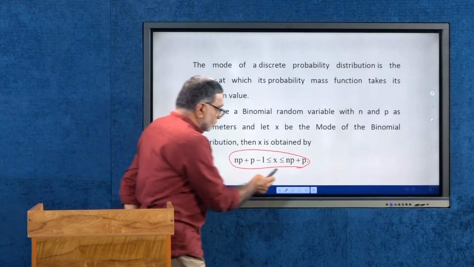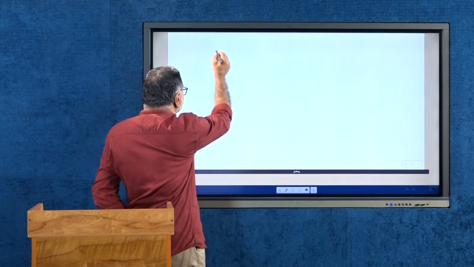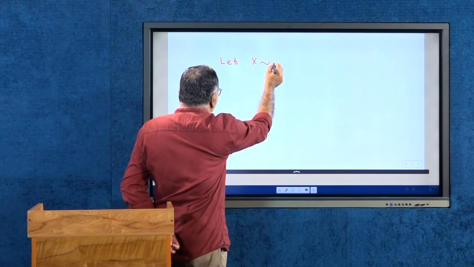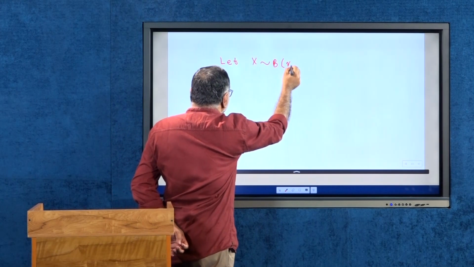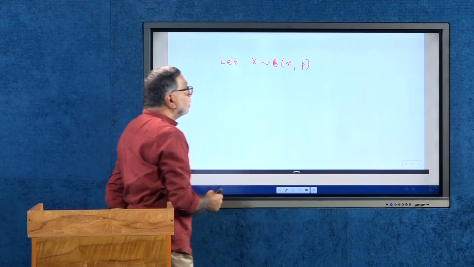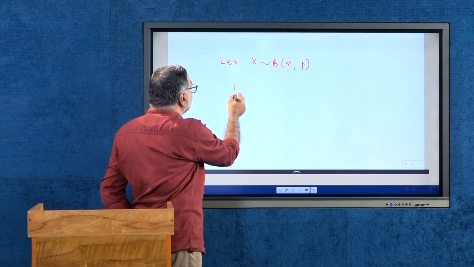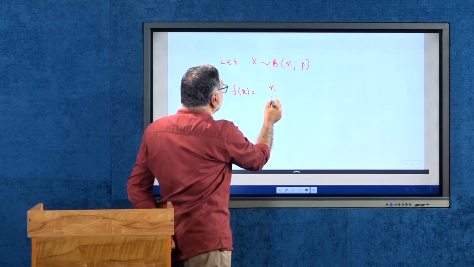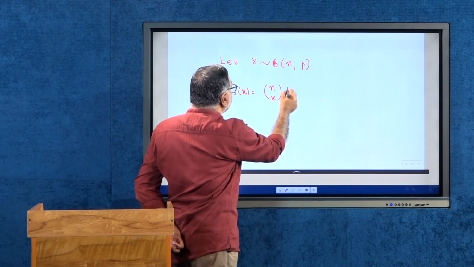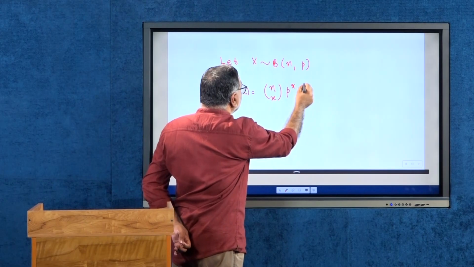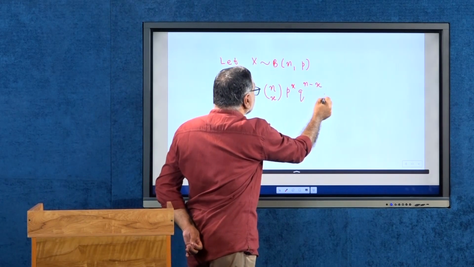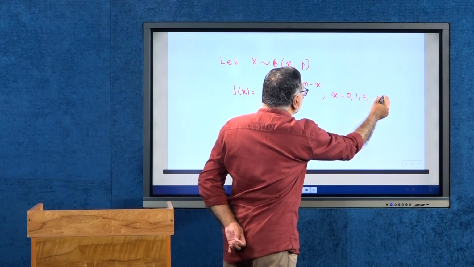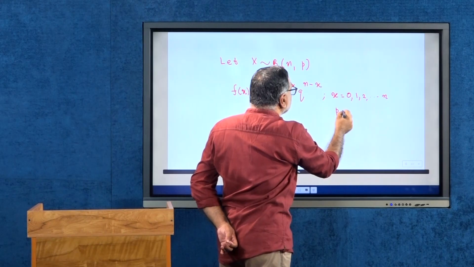So, suppose x is a binomial random variable with the parameters n and p, and we know the probability mass function f of x is equal to nCx p power x q power n minus x, where x is equal to 0, 1, 2 up to n and p plus q is equal to 1.